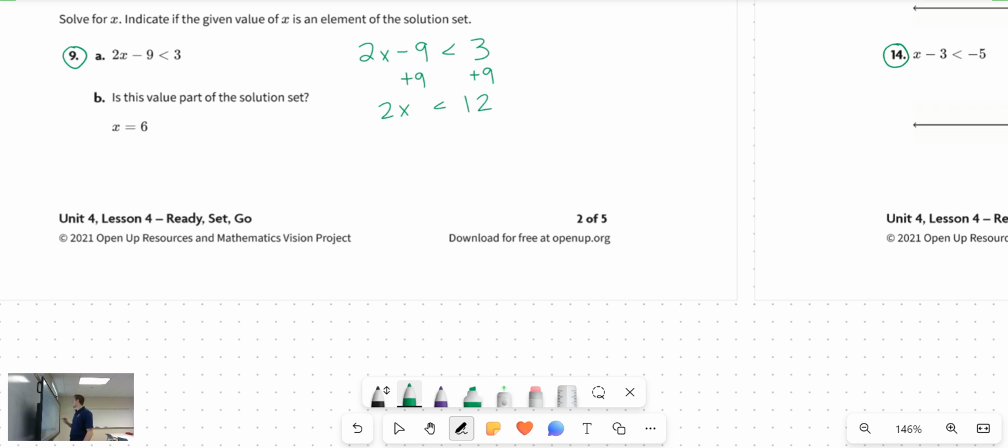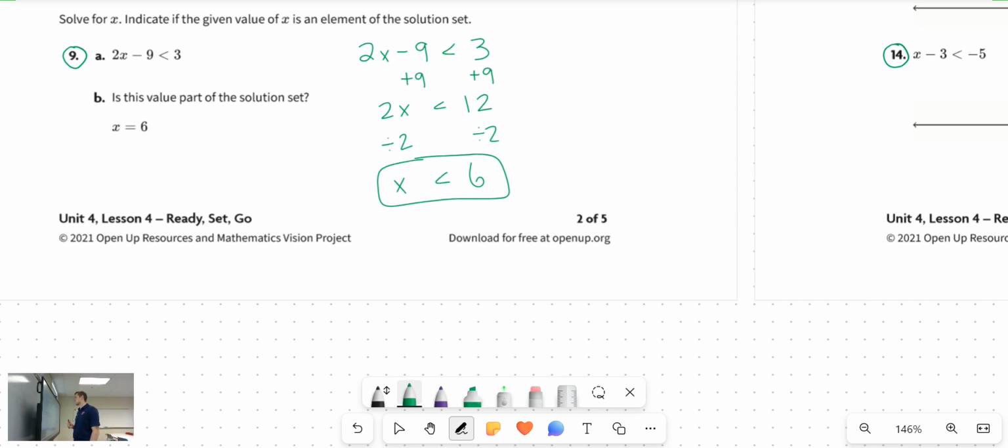And then we can divide both sides by 2 without changing anything. So we should have x is less than 6. That's our solution to A, right? We've now solved for x.